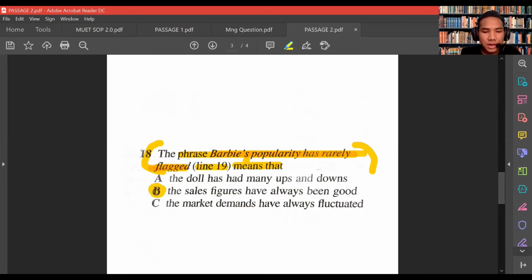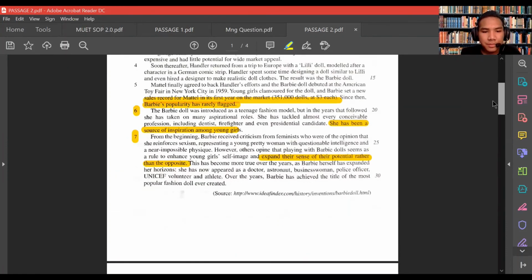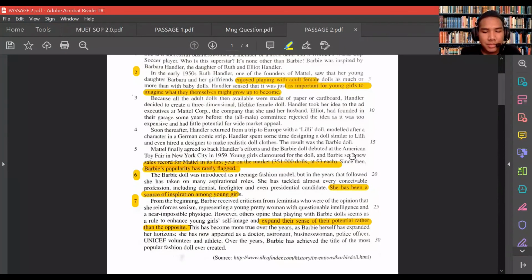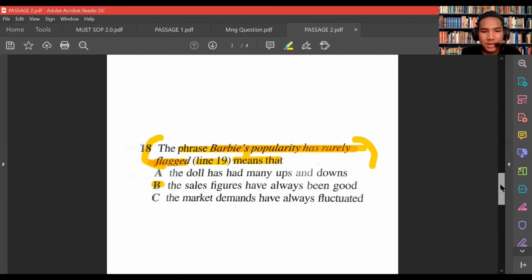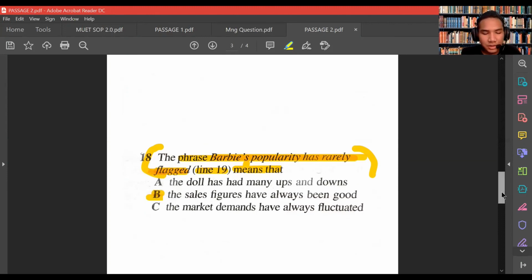Why I choose B? Because it's stated here that Barbie set a new sales record for Mattel in its first year on the market, according to these numbers here. So you can say that the sales of Barbie dolls have always been good, even in its first year of launch.